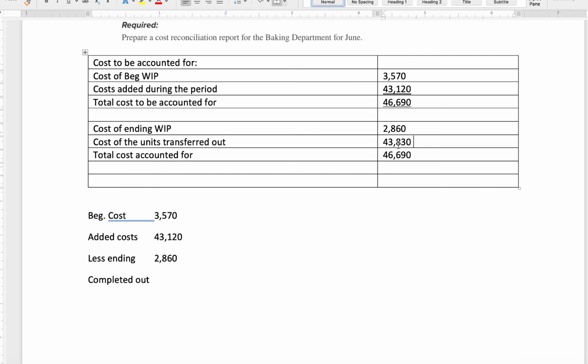Or if we were looking at the cost of manufactured goods statement, that's the amount of material that we used. Same concepts here. So that completed and transferred out, just to be complete, is the 43,830.